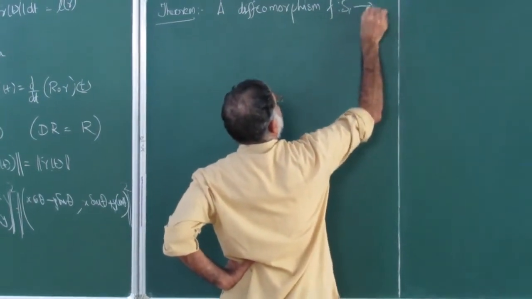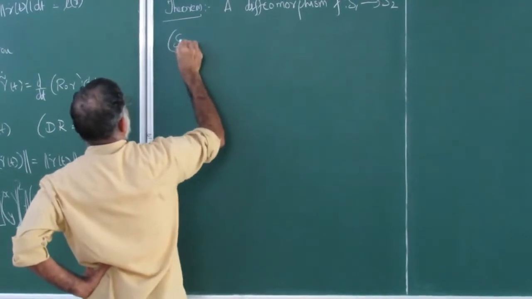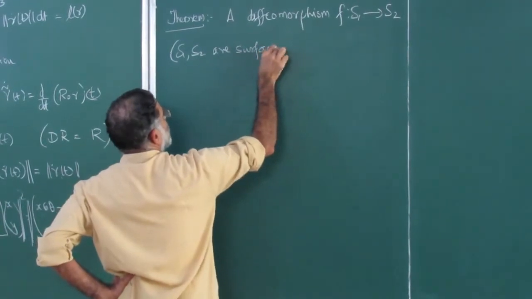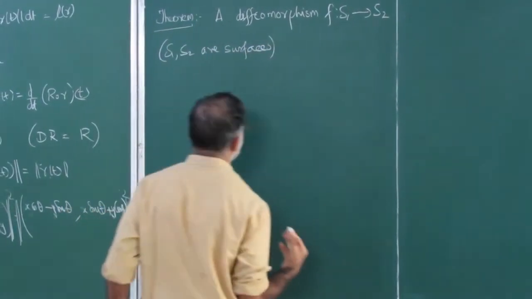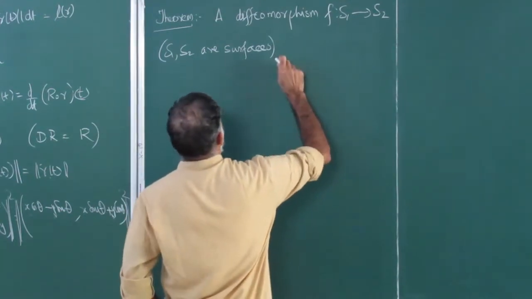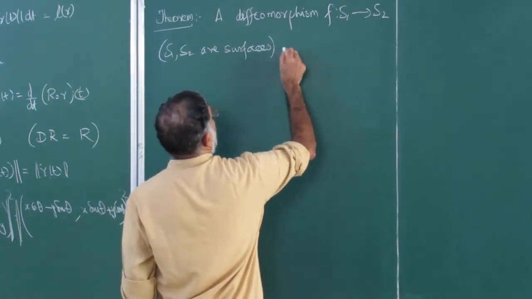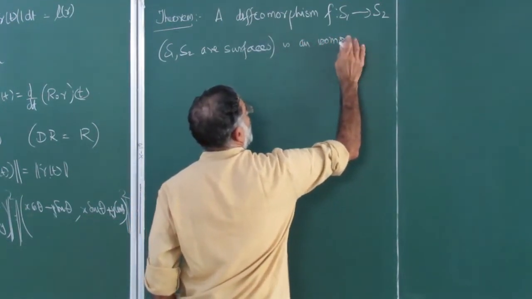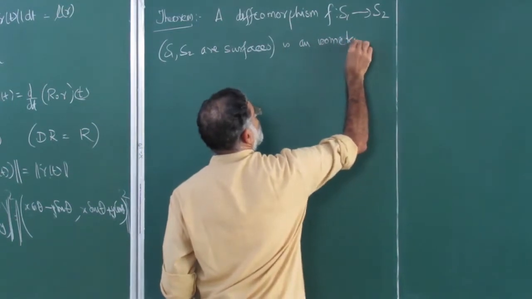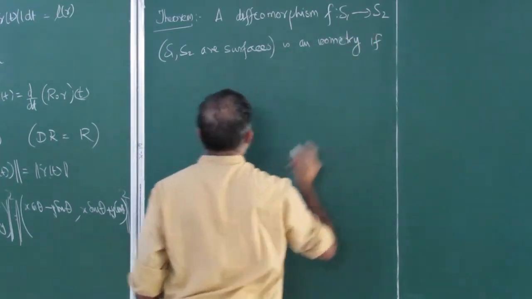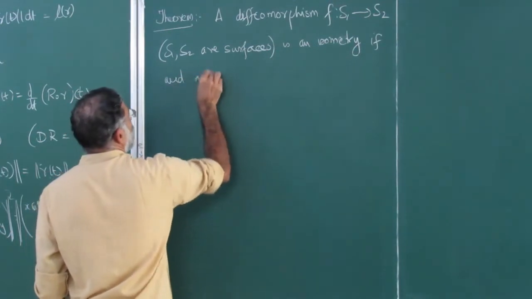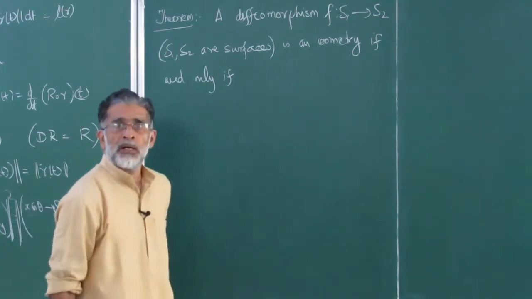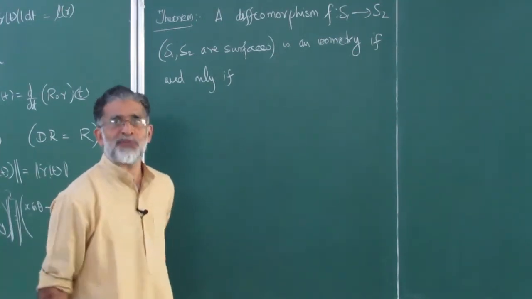F from S1 to S2, of course S1, S2 are smooth regular surfaces, not just smooth surfaces, is an isometry as per our definition if and only if, in one word, F preserves the first fundamental form.